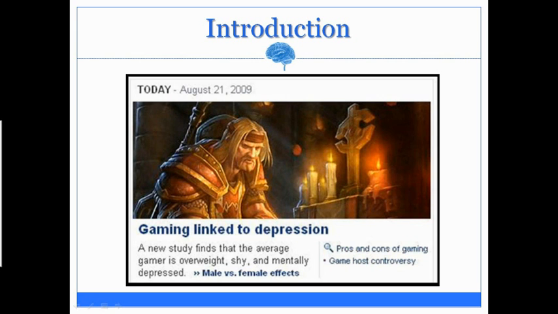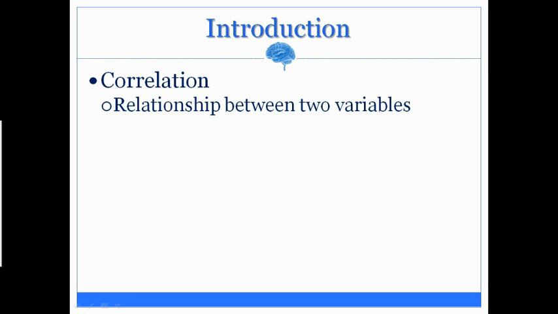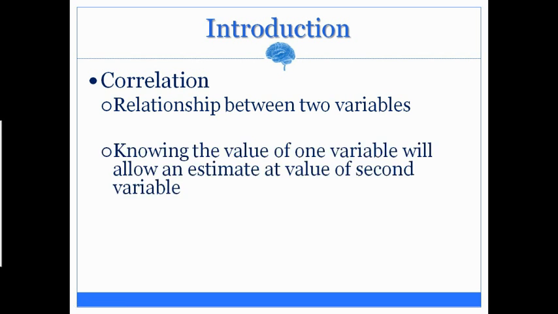The researchers even go on to find that gaming is also linked to overweight as well as shyness, so an individual's weight as well as their ability to interact in a social situation. Again, other correlations. A correlation is essentially a relationship between two variables, or you can say a relationship between two factors.